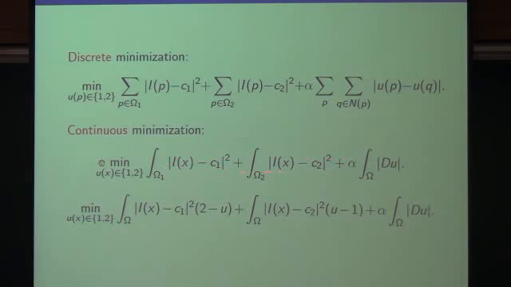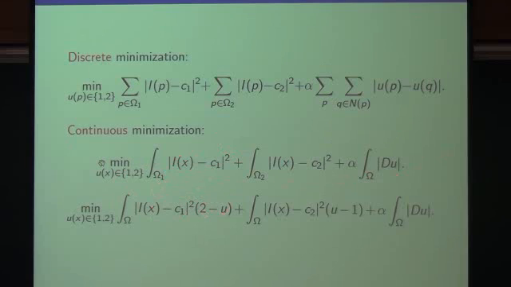Now you can see that this is in fact nothing else but the two-phase model. Here is the total variation, here is the omega 1 term, I minus C1, and the omega 2 term, I minus C2. If you write it this way, you can see that it's nothing else but the two-phase piecewise constant Mumford-Shah model we have been talking about. So exactly, in this way, you see the graph cut is just another way to solve this problem.